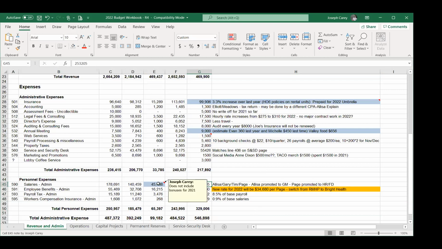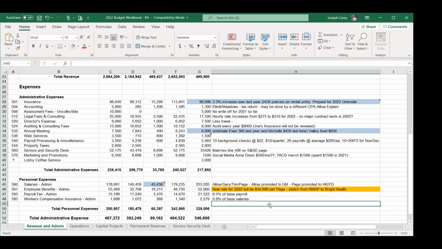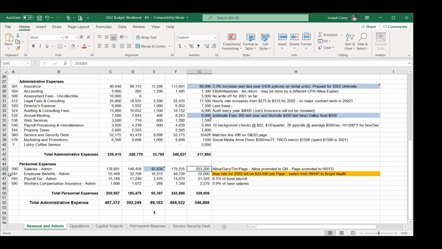That didn't include bonuses for 21. The bump includes salary for Paige, not all of it. But there are pay increases and other compensation increases that net out to the figure you see there for our staff salaries for next year.